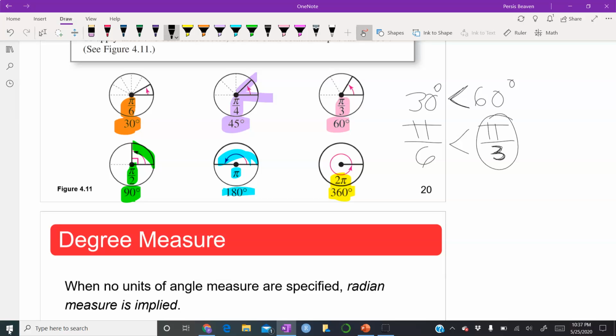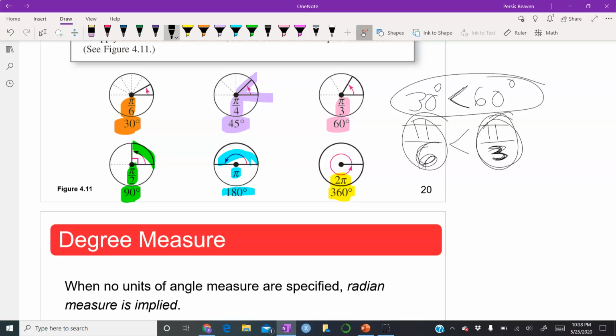Imagine if you have a pizza and you invite 3 friends or you invite 6 friends. When would you get a bigger piece of the pizza? If you invite only 3 friends. So the smaller the denominator, the bigger the fraction. The bigger the denominator, the smaller the fraction. So use that to remember that 30 degrees is pi over 6 and 60 degrees is pi over 3.